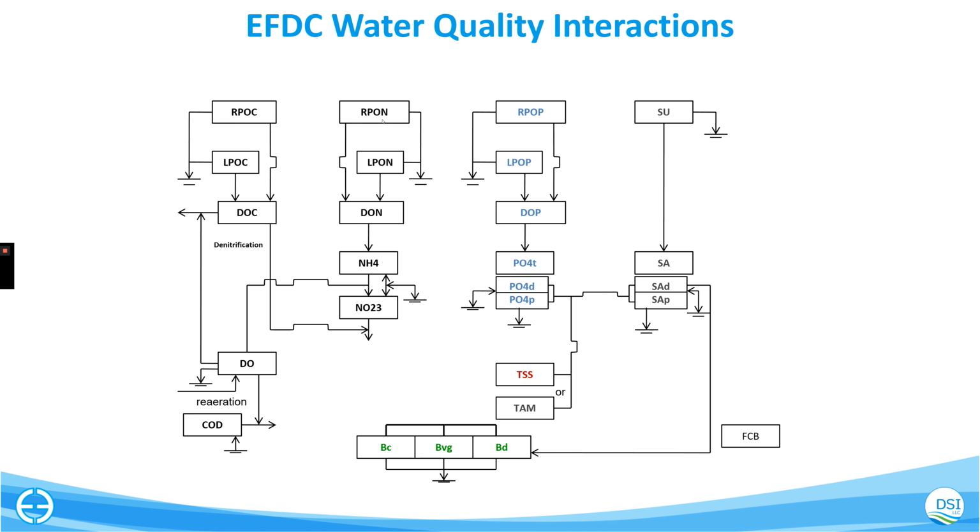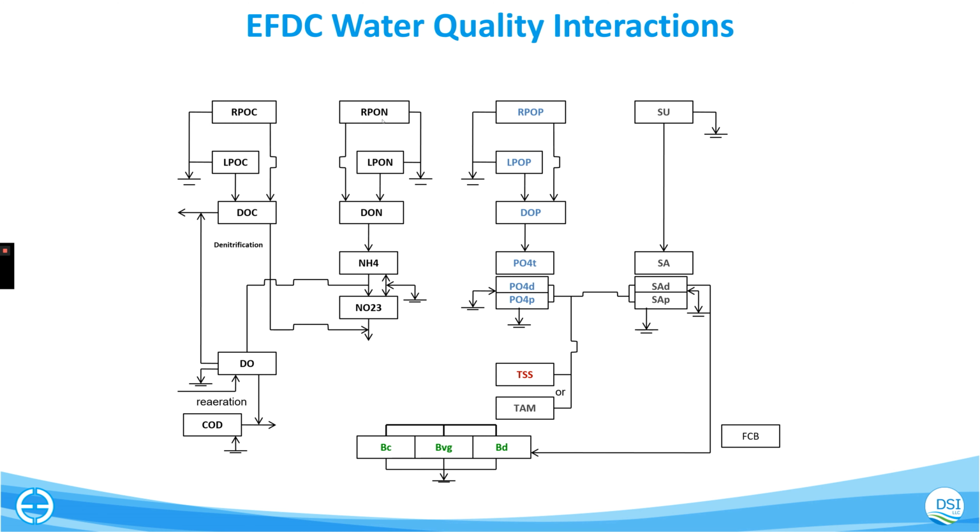This group here is your carbon group, your nitrogen group, phosphorus group, and your silica group. Silica only needs to be simulated if you're simulating diatoms. If you don't simulate diatoms, there's no reason to simulate silica, because it's linked into the growth of the diatoms, this class here.